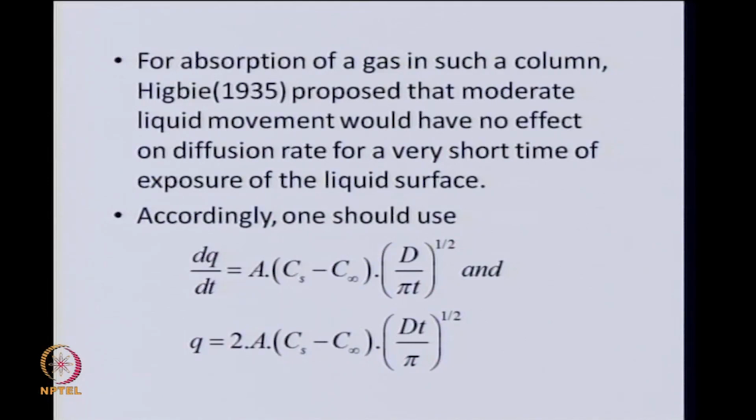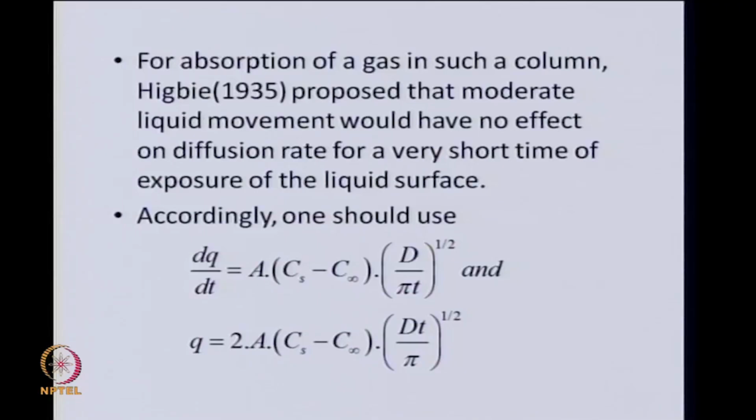I can paraphrase this way, that if there is a moderate liquid movement, we may still say that diffusion is what is primarily governing the transport, or you are saying what we have been always given to understand, that transport in stagnant stationary liquid or liquid in laminar flow slowly moving could be entirely described in terms of diffusion, right.